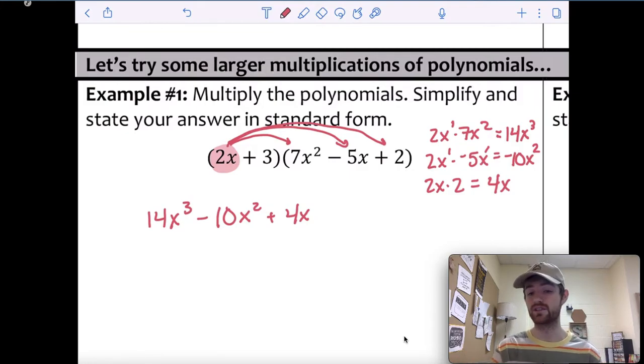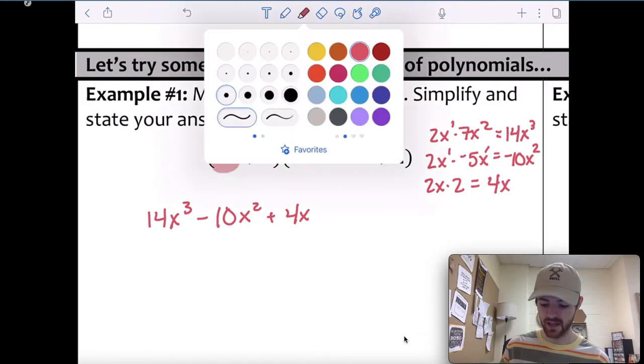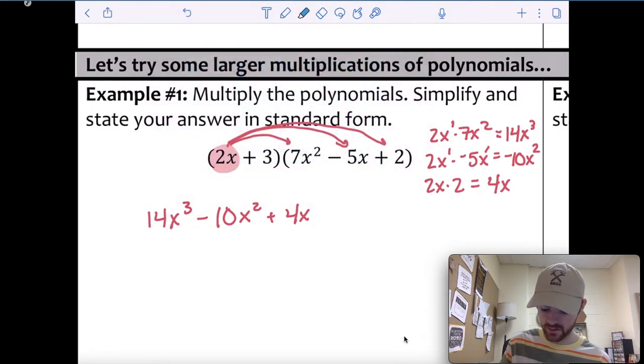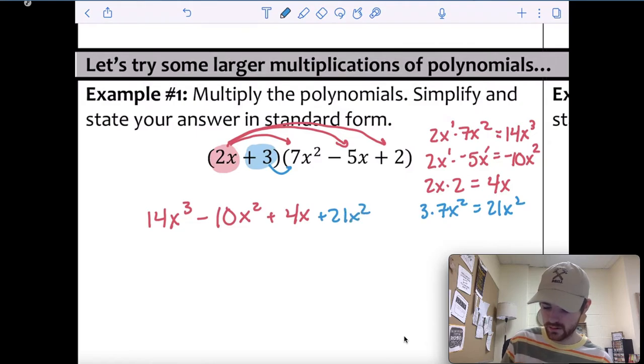And that's the first distribution. No new processes, no new crazy things to think about. We're just doing it one extra time. And the same thing with the other one. We take this positive 3 and we multiply it. 3 times 7x squared, multiply the coefficients to get 21x squared.